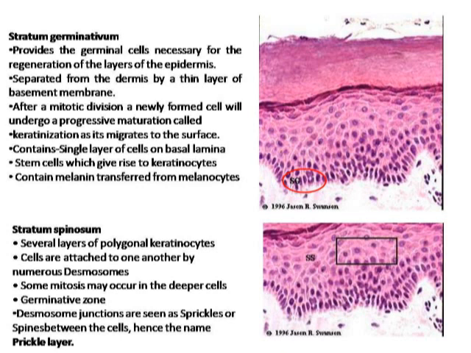This cell layer is also known as prickle cell layer due to the cytoplasmic extensions emanating from the keratinocytes. The keratinocytes appear polyhedral but become more flattened near the surface of this layer.